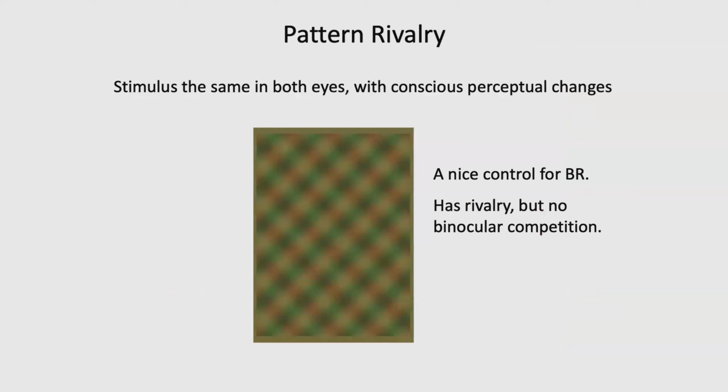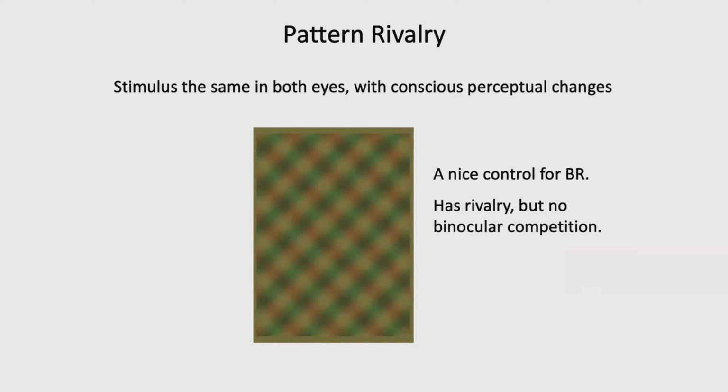If you've ever seen pattern rivalry, you may be familiar, but if you fixate reasonably well in the center of the image, it's pretty easy for most people to see that the red or the green gratings or bars will shift in their salience, in their perceived depth order.